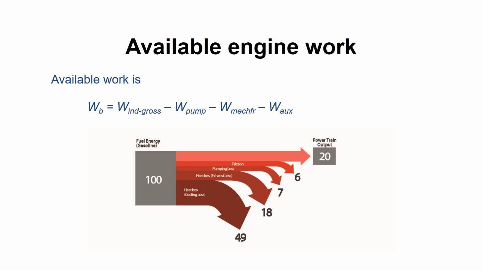But it can also be seen how the remainder is divided into useful work and what is lost as pumping losses and friction. It is important to note that this is only one example, not what you will find in all vehicles or under all driving conditions.